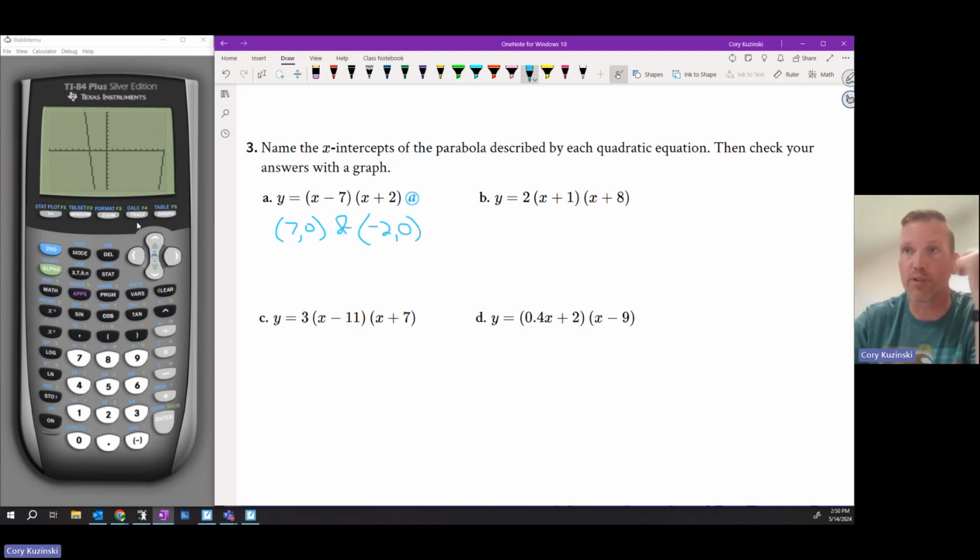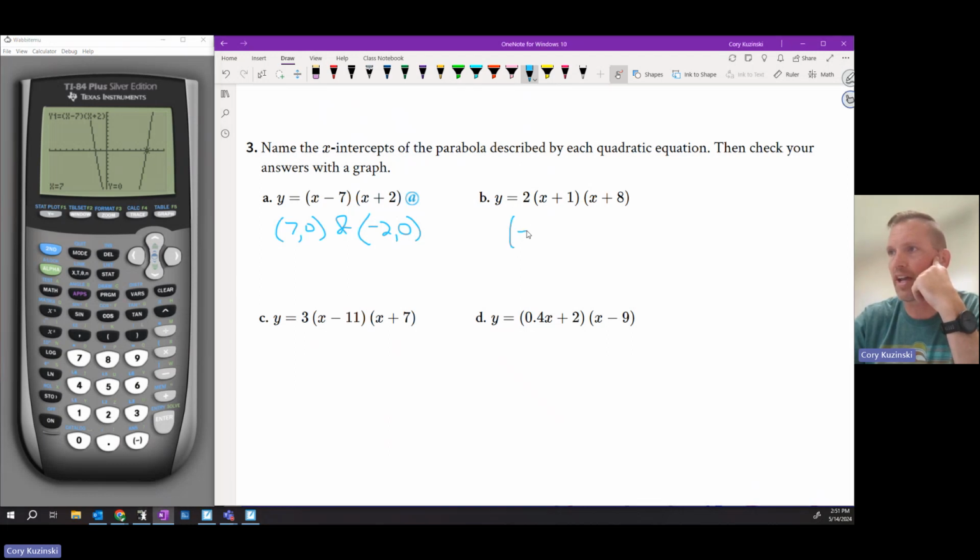Or 7, -2, right? X minus 7 times x plus 2. Clear it. Here we go. -2, 0. Trace. -2, 0 is one of them, and 7, 0 is the other one, right?